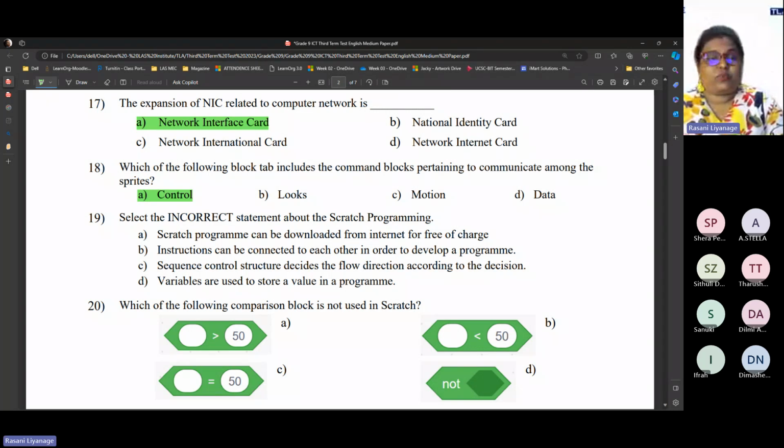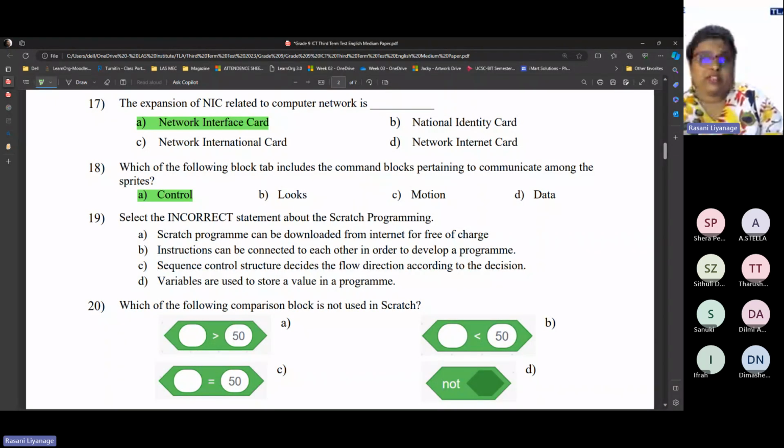The two last questions. Select the incorrect about Scratch. It can be downloaded from the internet free of charge. Of course, yes. Instructions can be connected to each other in order to develop a program. Yes. Sequence decides the flow direction according to decision. No way. There were three control structures.